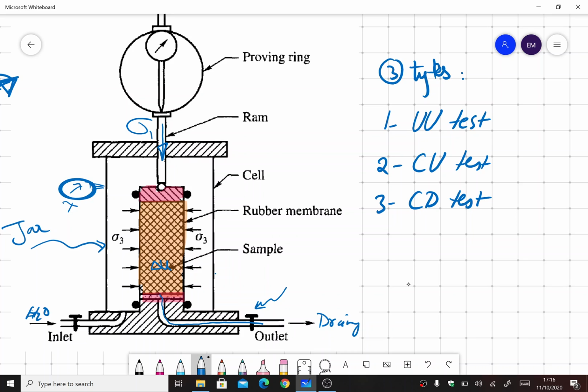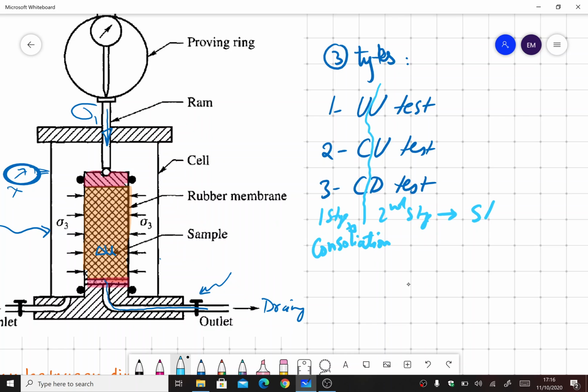To make things easier, the two letters represent two stages of the test. This is the first stage, where we do consolidation of the specimen, and the second stage is the shearing of the soil specimen.